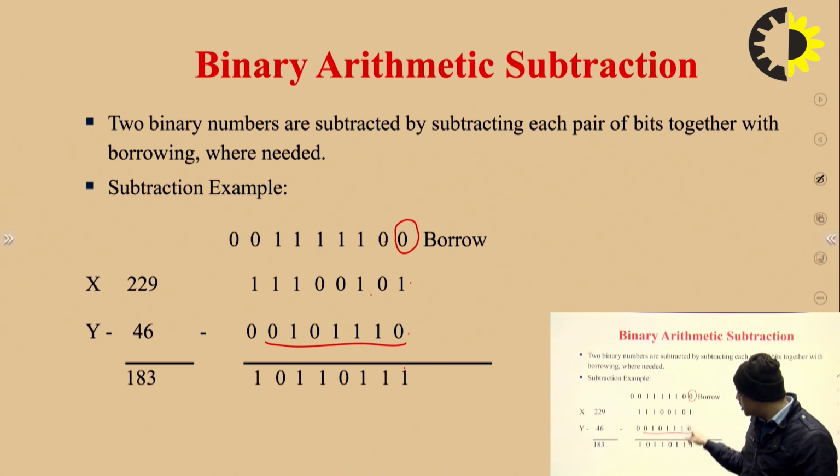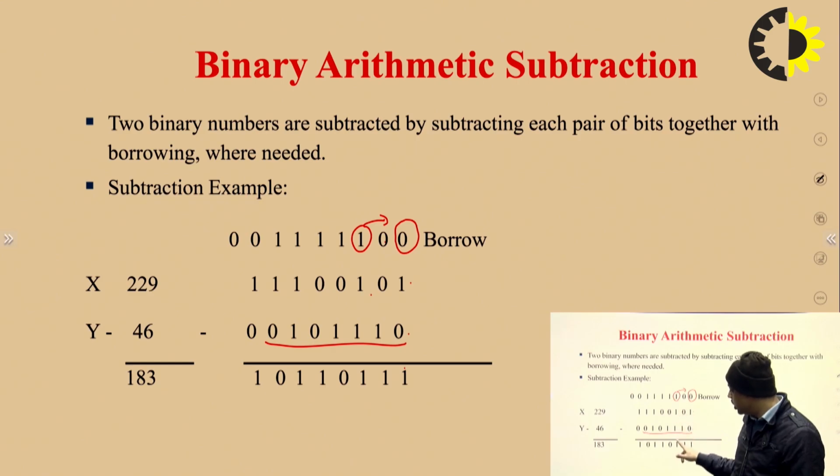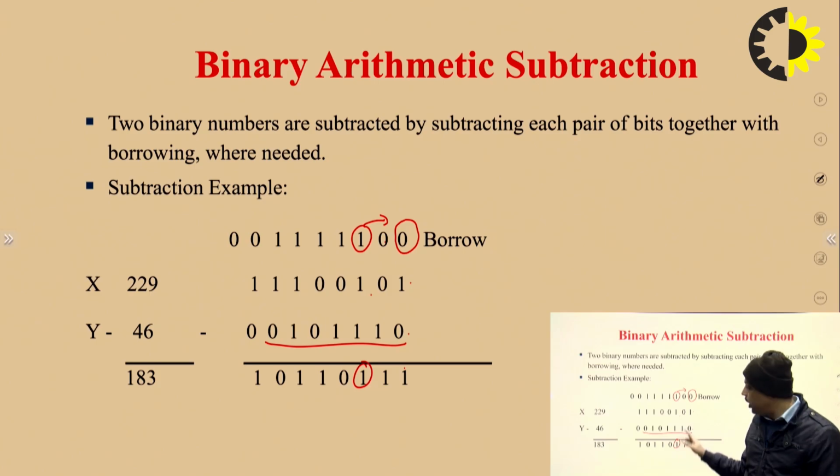Now this is not possible, so we have to bring a borrow over here, so this borrow bit became 1 over here. Similar subtraction is done over here. Then 1 minus 1, due to this borrow, this is equal to 2, 2 minus 1 is equal to 1 over here. So in this way, the complete subtraction is possible.